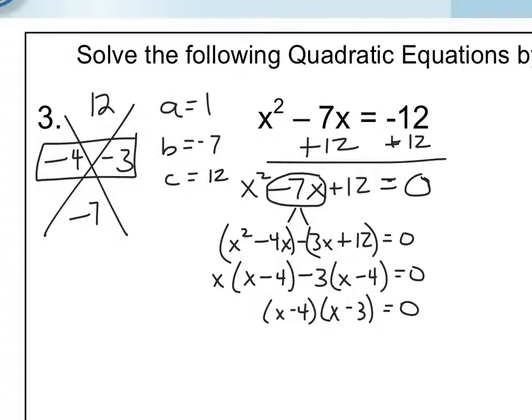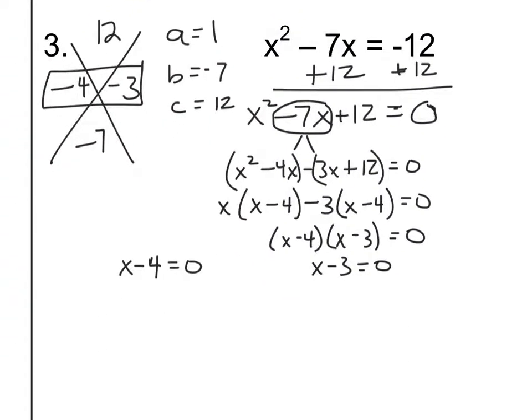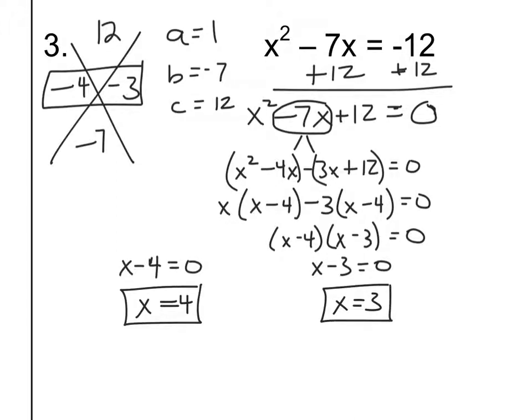And now I take each thing, x minus 4, set it equal to 0, and x minus 3, set it equal to 0. Now I solve them. I'm going to add 4 to each side, so x is going to equal positive 4. Add 3 to each side, and x is going to equal positive 3. So in this example, this was a case where it was not equal to 0.